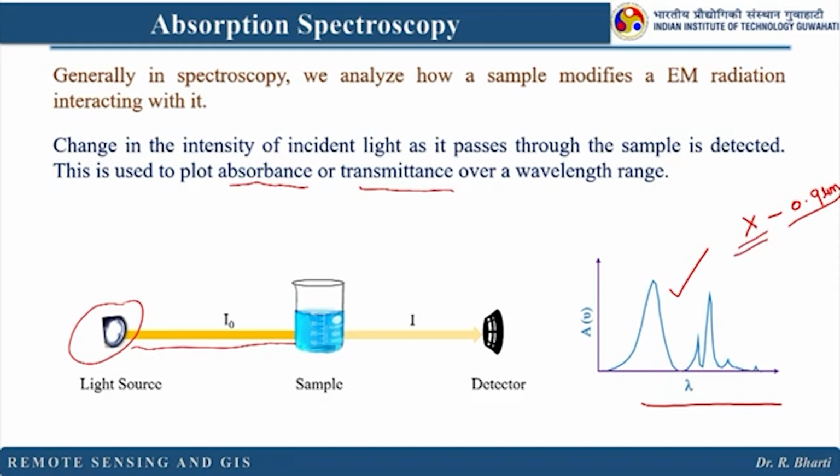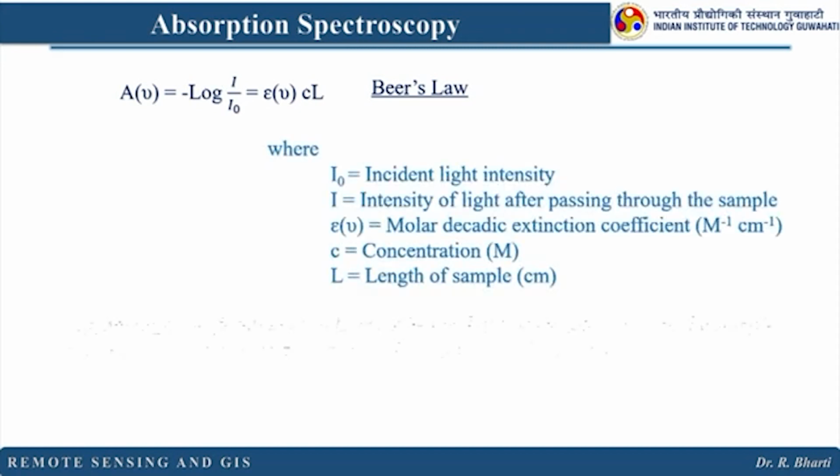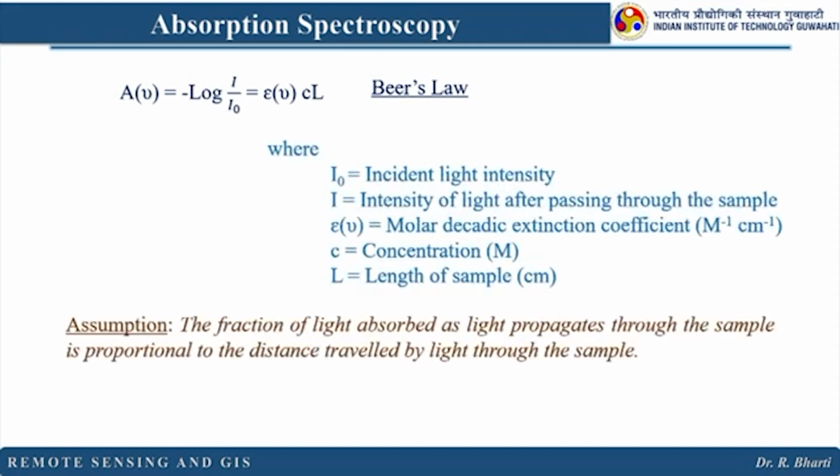So we look for that, and we can definitely say this is because of the presence of X in this sample. We cannot correlate the amount directly, so we use Beer's law to identify the concentration of X. That tells you the concentration, so it is a quantitative study.